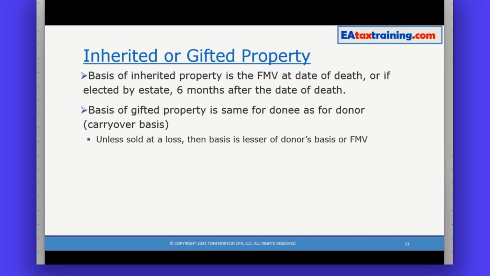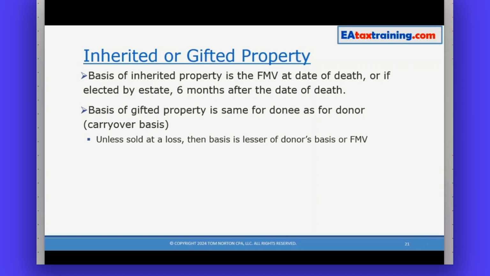So normally it's just the fair market value at the date of death, but the estate, whoever is administering the estate for the deceased person, can choose. They can say, no, we're going to use 6 months after the date of death instead of the date of death for the basis.